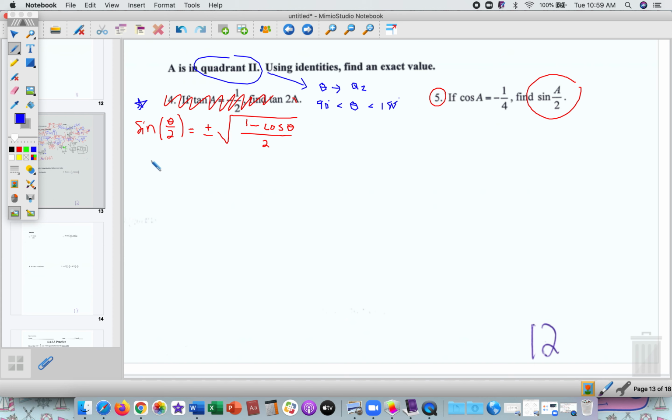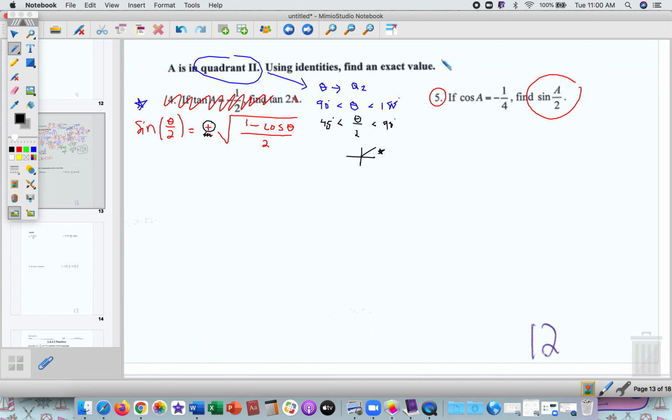To decide where theta over 2 lies, we divide 180 by 2, which gets us 90, and divide 90 by 2, which gets us 45. So theta over 2 lies between 45 and 90 degrees, and that's in the first quadrant. Sine is positive in the first quadrant, so we would go with positive for this one.